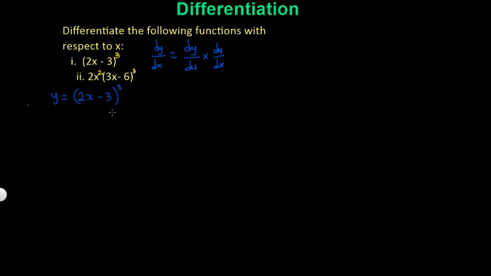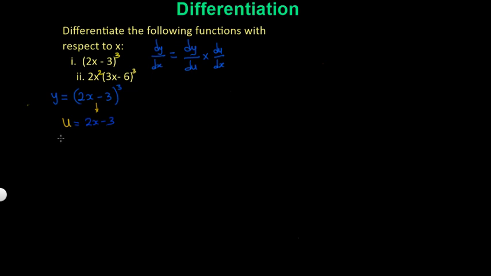Then what this rule is saying is that we should turn the value inside the bracket into our u. So we can say u is equal to 2x minus 3.